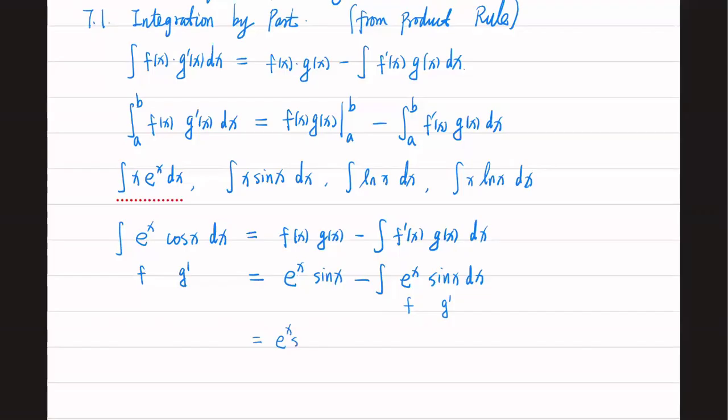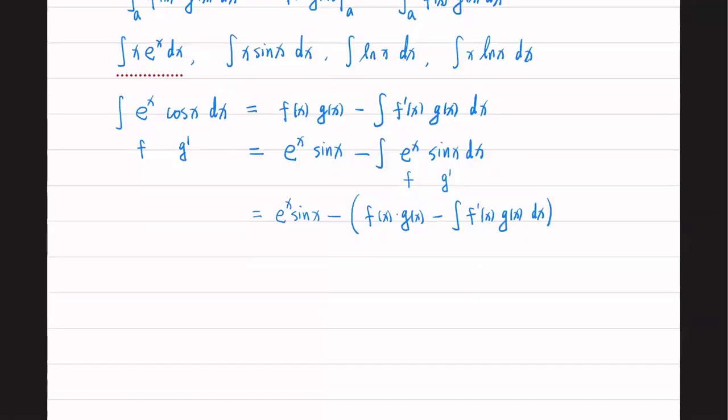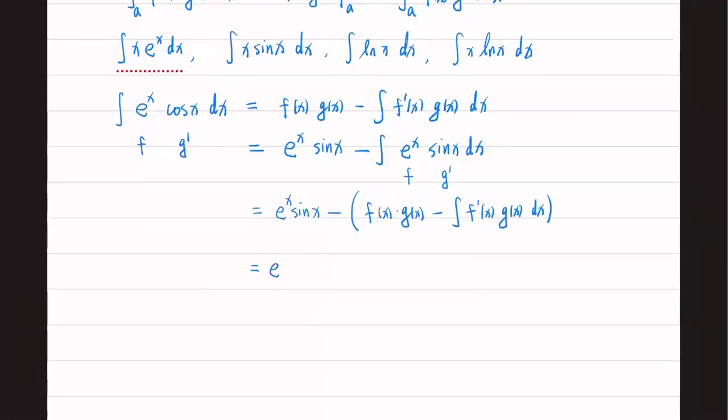I copy the function. Again, I will use this formula, f(x) g(x) minus the integral of f derivative g(x) dx. Okay, copy this part, see the same. Okay, Sophia, now what is f?